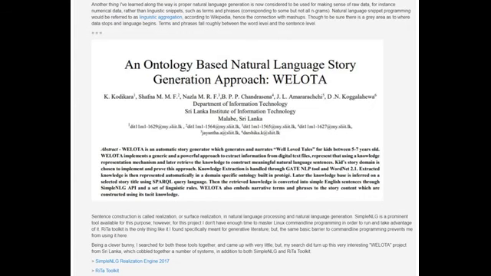Natural language snippet programming would be referred to as linguistic aggregation, according to Wikipedia, hence the connection with mashups, though to be sure there is a gray area as to where data stops and language begins. Terms and phrases fall roughly between the word level and the sentence level.